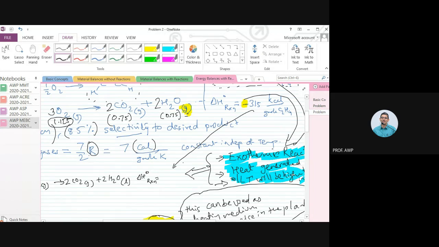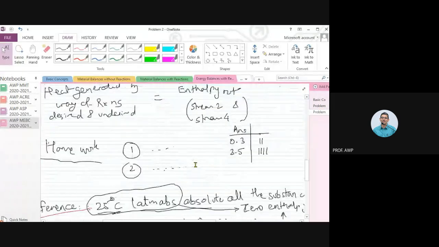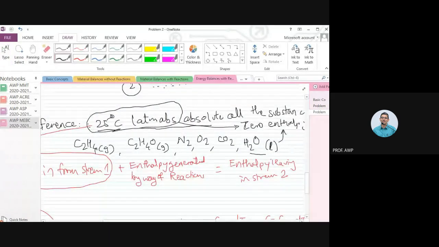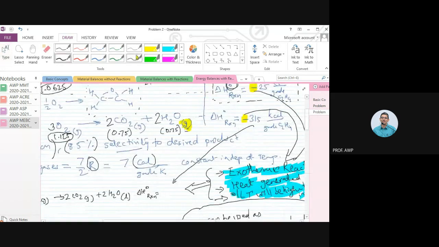Okay, do you agree with that? If you are taking everything in the standard state, 1 atmosphere, 25 degrees centigrade, and the natural state, then you better take this as H2O liquid. But then you better also write the reaction as H2O liquid, because it is delta H0.